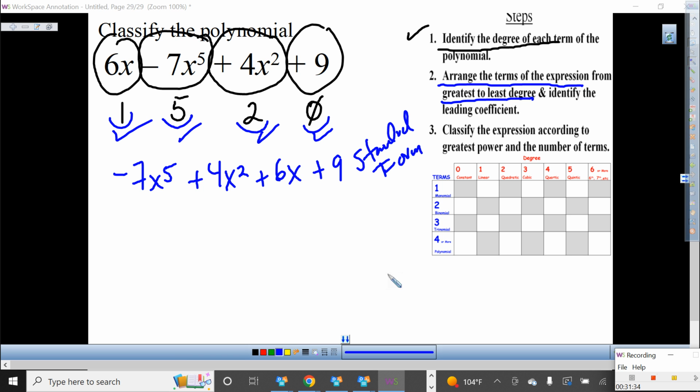All right. So far we did step 1, identifying the degree of each term, yes. Step 2, arranging it from highest to least. But I'm still not done with step 2. Look up, please. It says, the last part of step 2, identify the leading coefficient. Well, first of all, do you know what the coefficients are of all the polynomials? Tell your neighbor all the coefficients really quick.